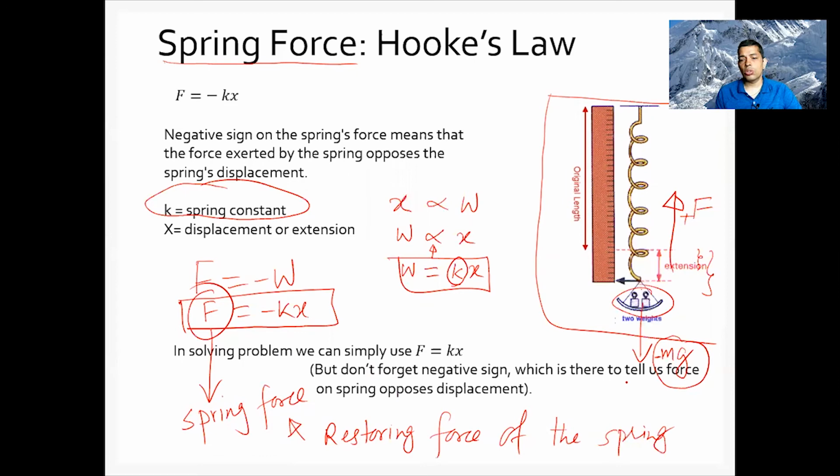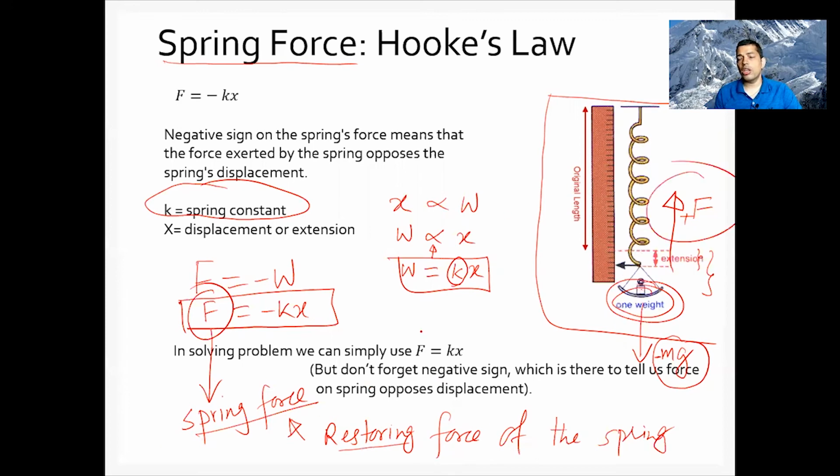So what I meant by that is when you release this weight here, the spring regains its original length. Why is that? Because there is a force, which is spring force, that restores the original position. That's why this spring force, which is acting up here, is also called the restoring force of the spring.